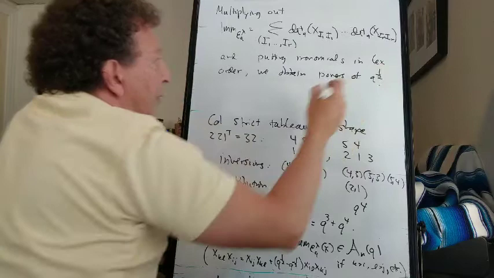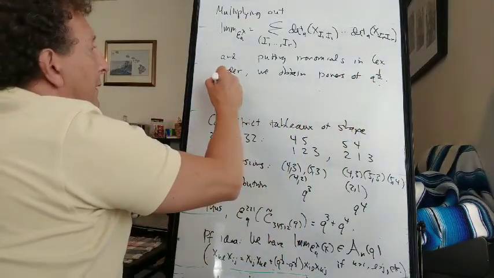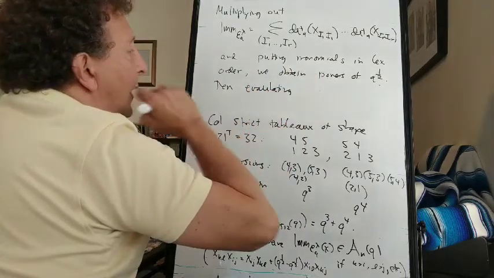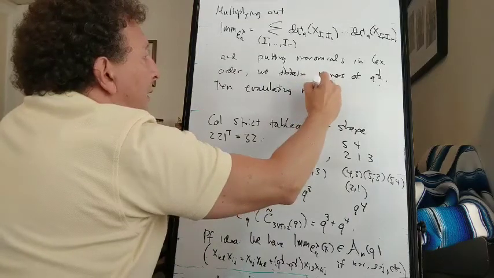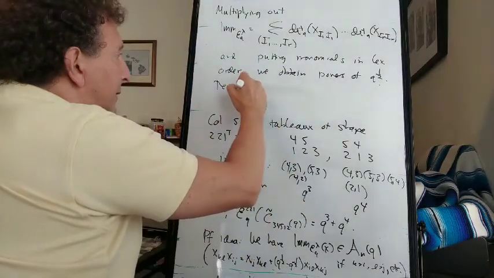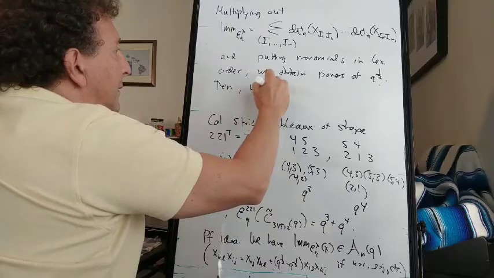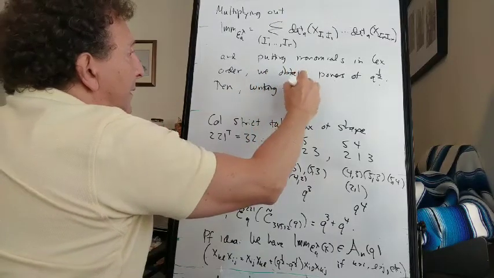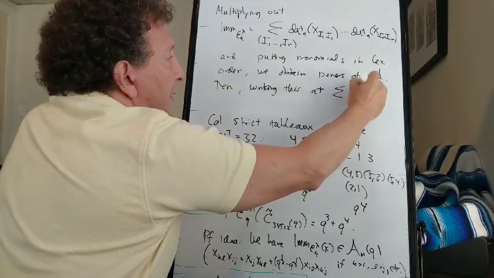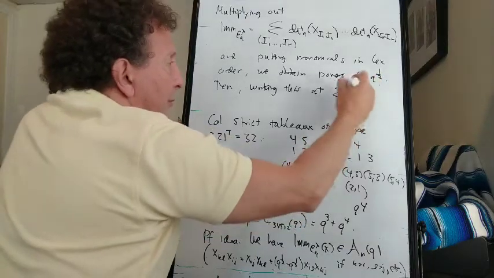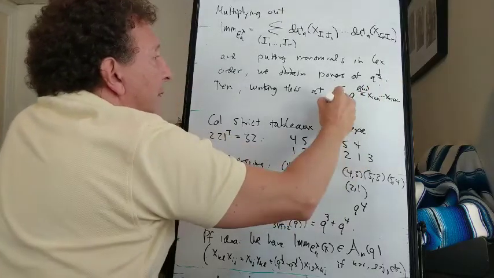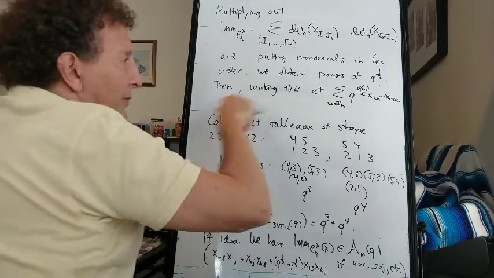Actually, q to the 1/2. Then when we write this as root q to a power, we'll take out those powers of root q.